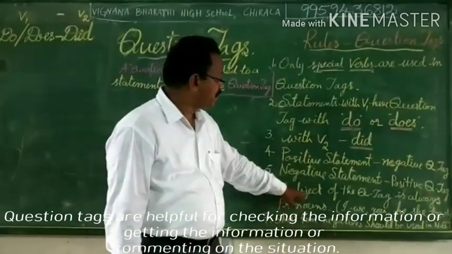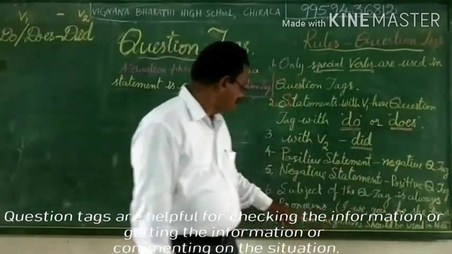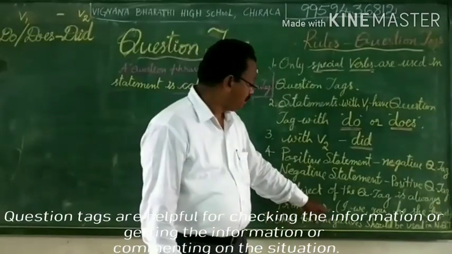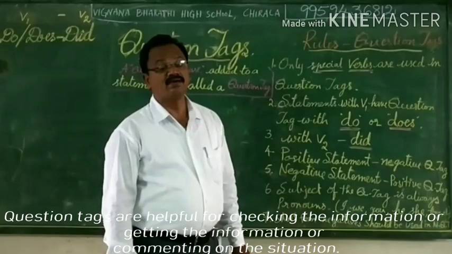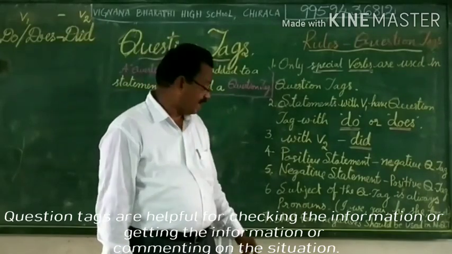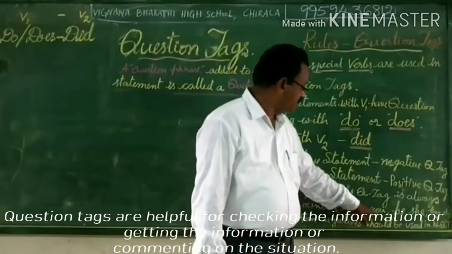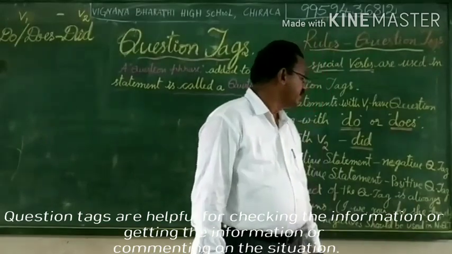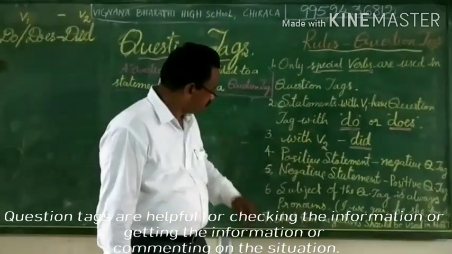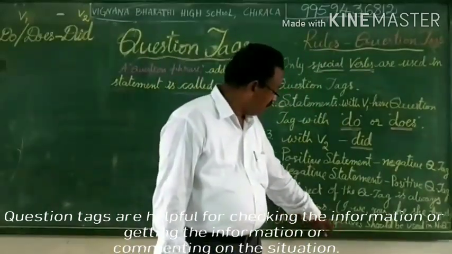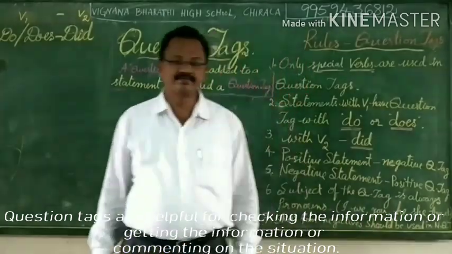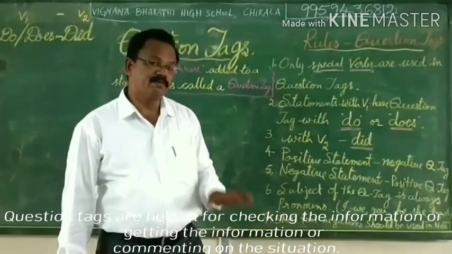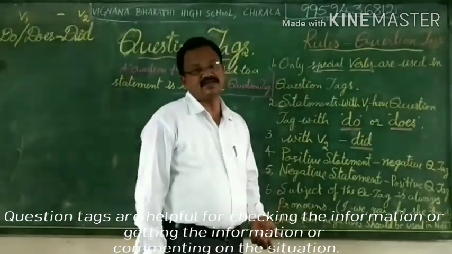Here, the subject of the question tag is always a pronoun. We use a pronoun as the subject in the question tag, like I, we, you, he, she, they, etc. Short forms of negatives should be used in the negative question tag. If the statement is positive, we make a negative question tag.